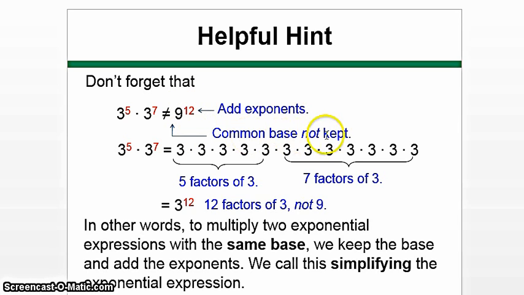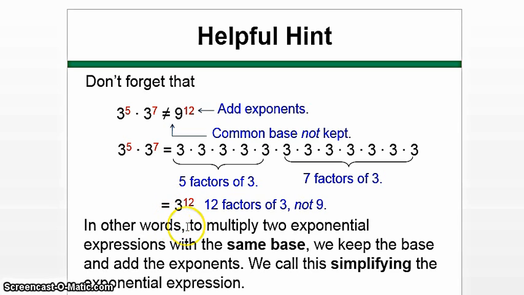The common base is kept here. The common base should be 3, not 9. It should be 3 to the power 12, because the common base is 3. Here 9 means 3 times 3. This is not the correct answer. The correct answer is 3 to the power 12.